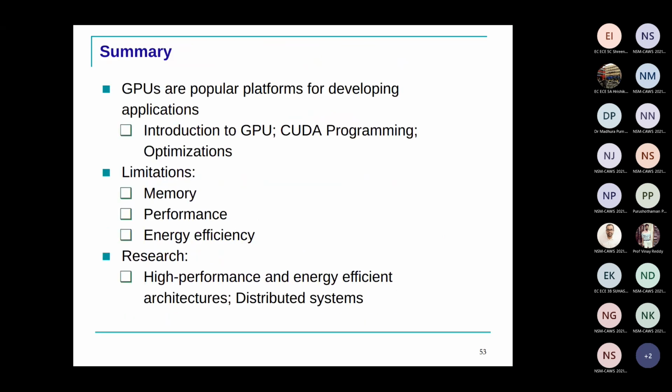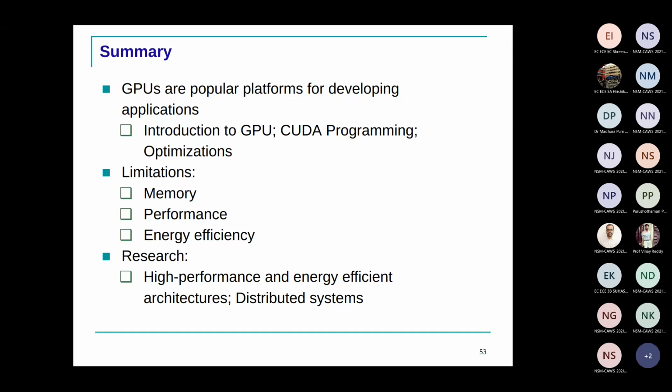To summarize my talk, GPUs are becoming a very popular platform for developing applications. They're used in a large number of domains. This talk was mainly to give some introduction to GPUs in terms of architecture, how to write some simple programs in CUDA programming, some of the optimizations, and some of the research directions.